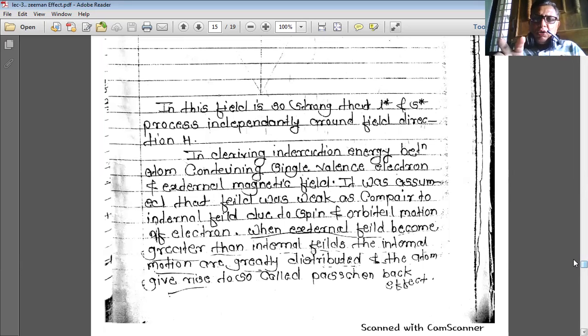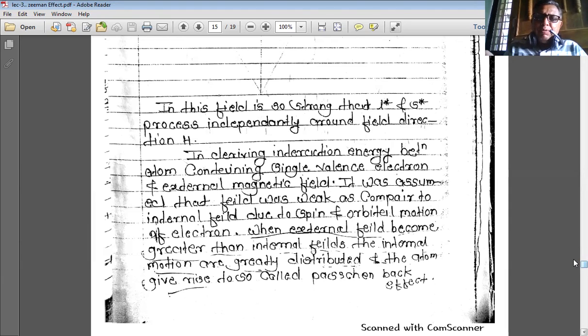greatly disturbed, and the atom gives rise to the so-called Paschen-Back effect.